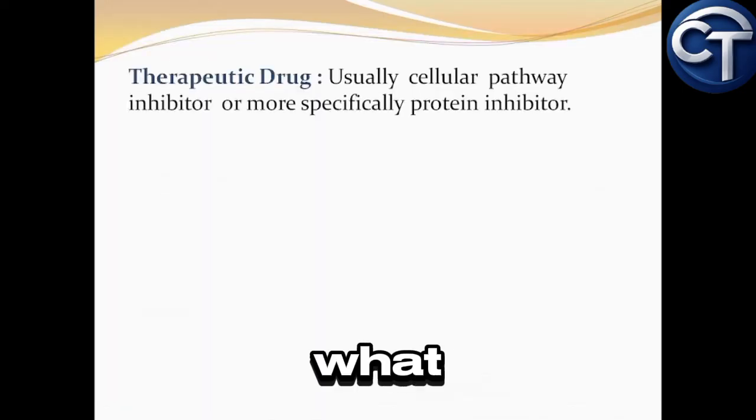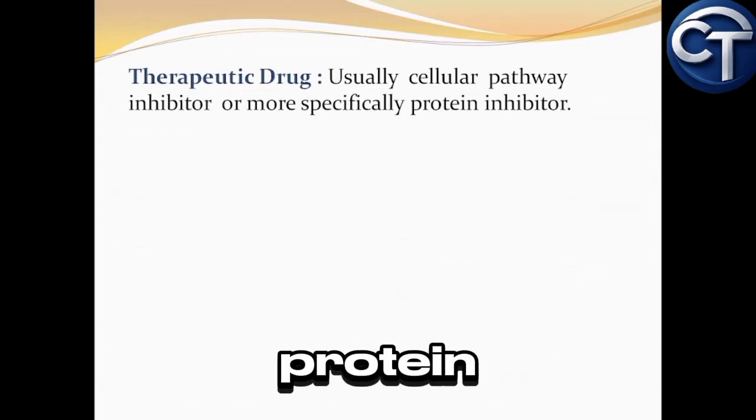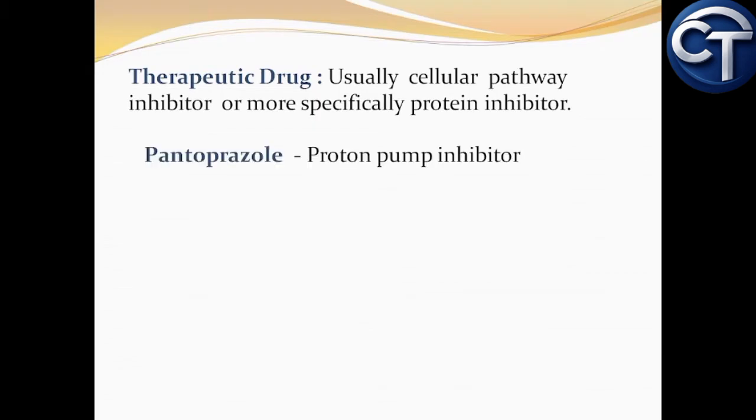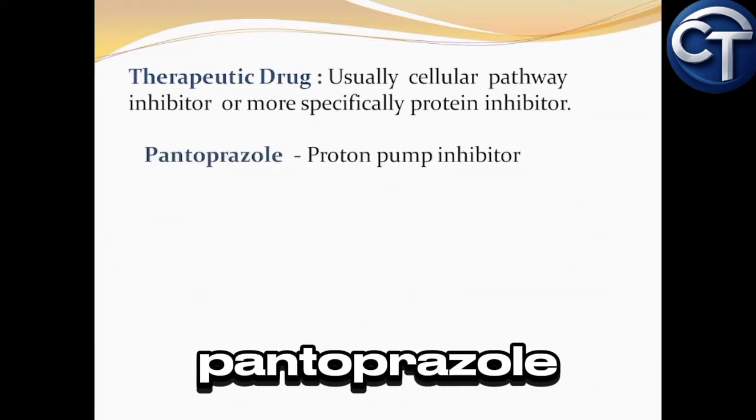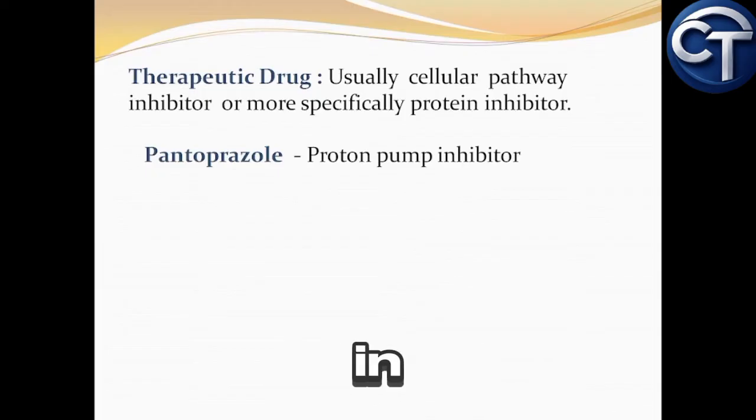So, what is the mechanism of action of these drugs? Therapeutic drugs are usually cellular pathway inhibitors, or more specifically protein inhibitors. In the case of pantoprazole, which is a kind of antacid, it inhibits a proton pump present in our stomach.